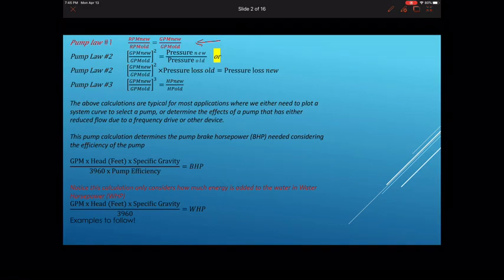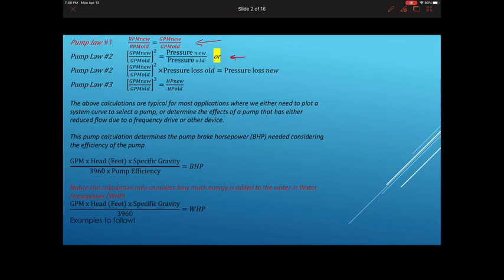Pump law number 2 is a very commonly used pump law, and that one identifies that the pressure drop you get in the system is a result of the change of the square of the flow rate change or the RPM change.